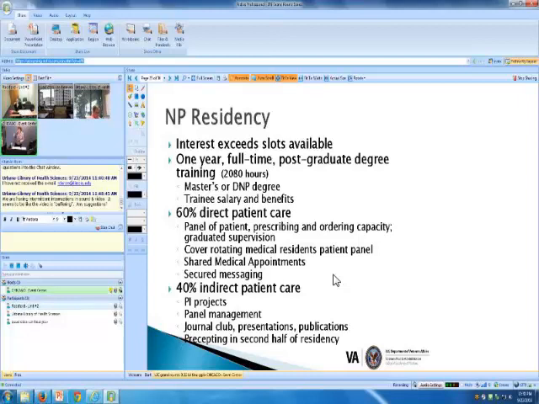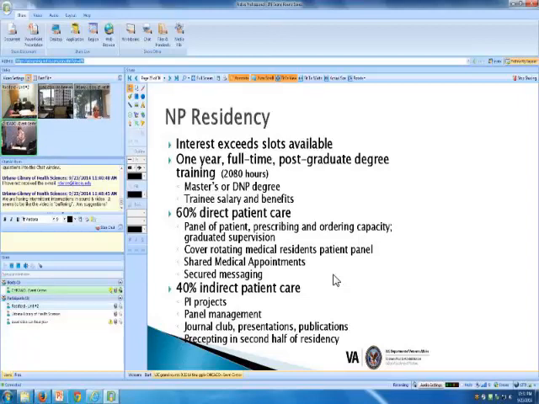When we first started, our first site at West Haven called it an NP fellowship, okay, and then we spread to the other 4 sites, and one of the other sites also used the word fellowship, but the 3 remaining sites used residency. And I think the physicians were saying you can't call it a fellowship because they wanted to equate this training time with doing a physician fellowship.